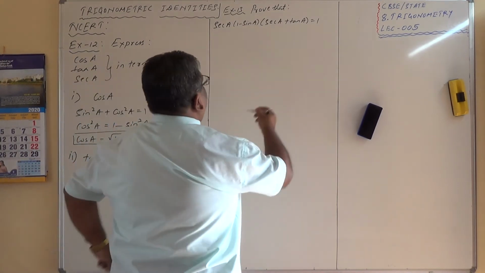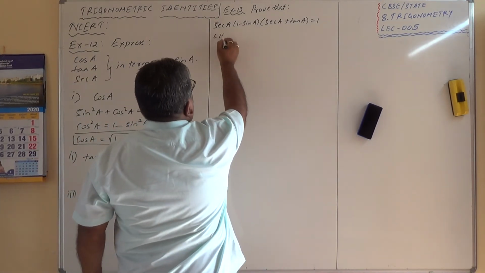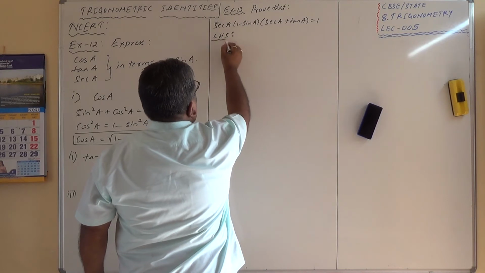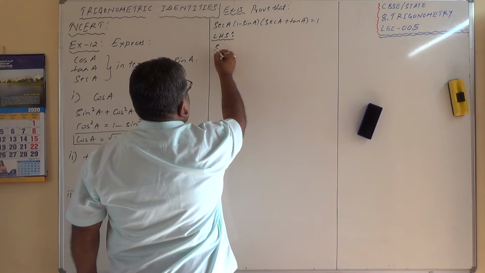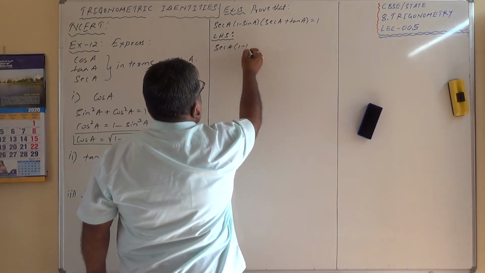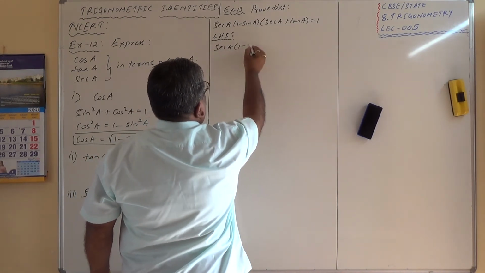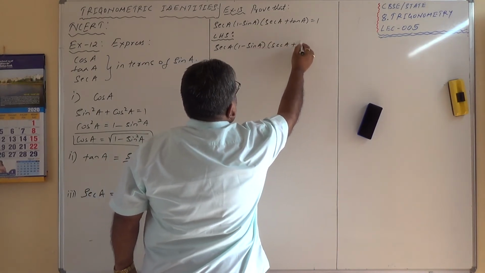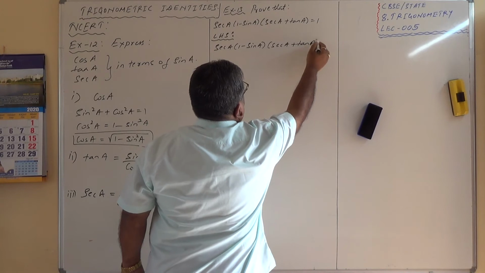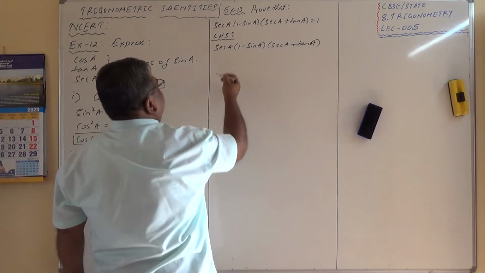So first I will take the left hand side of the equation here, LHS colon, clearly mention that we are taking LHS. First write once again secant A into 1 minus sine A into bracket sec A plus tan A. Let's see now. What is secant A?